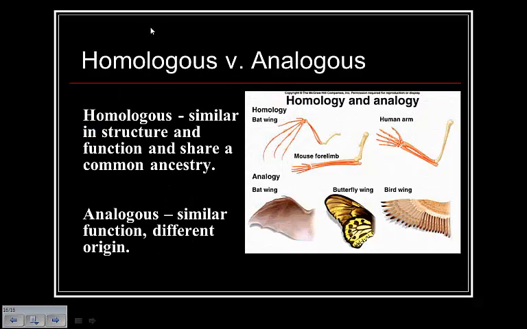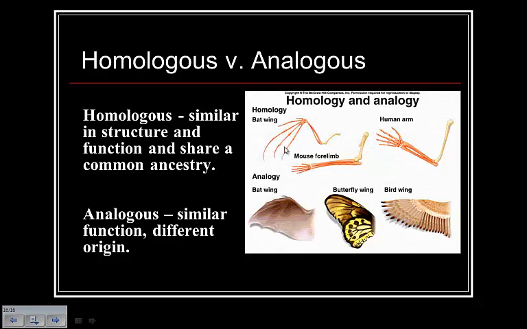All right, now this concept of homologous versus analogous. Homologous structures are similar in structure and function, and they share a common ancestry. An example would be a bat wing, a mouse forelimb, and a human arm.